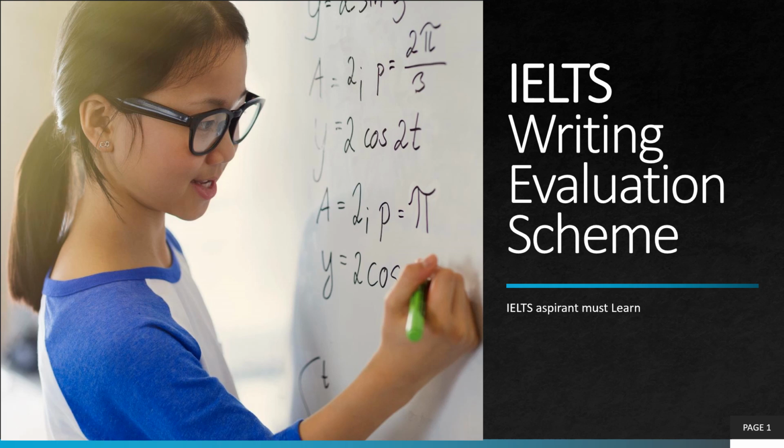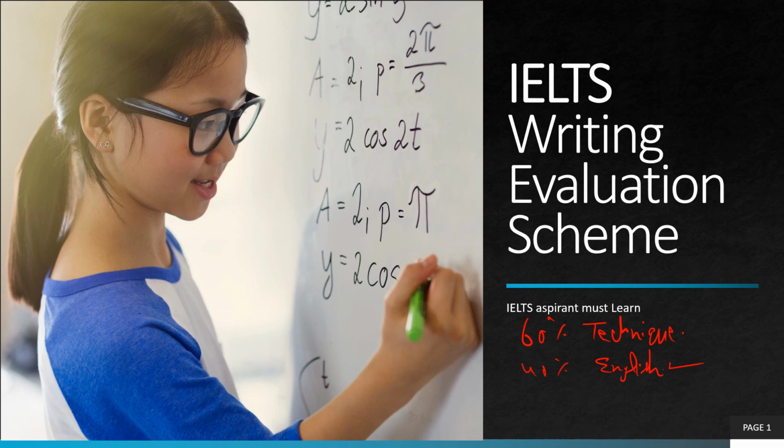What I think is, if we are talking clearly about IELTS writing, it is 60% based on the technique that you are going to use, and the remaining 40% depends upon the knowledge that you have about English.